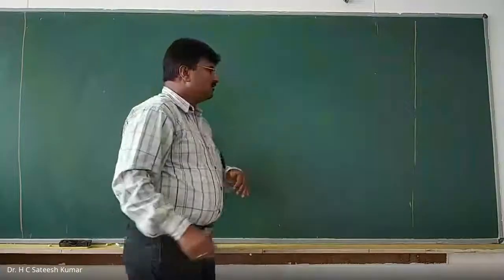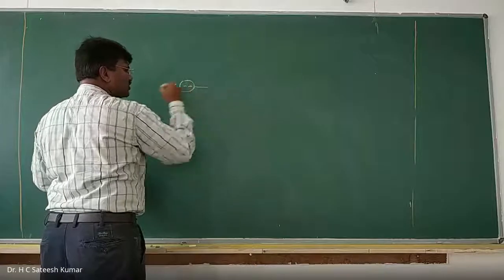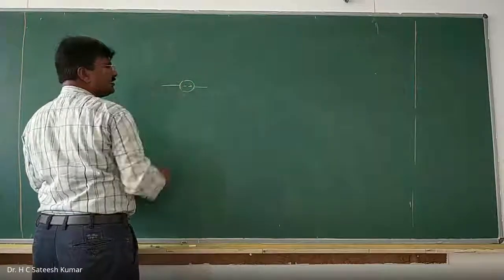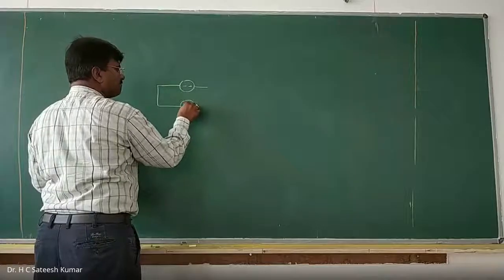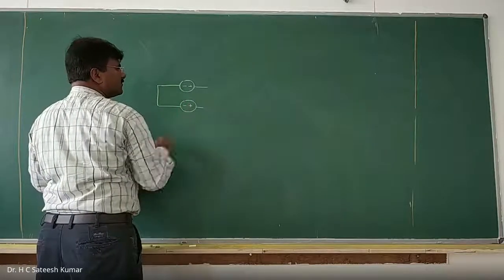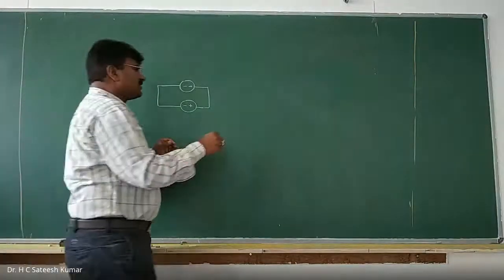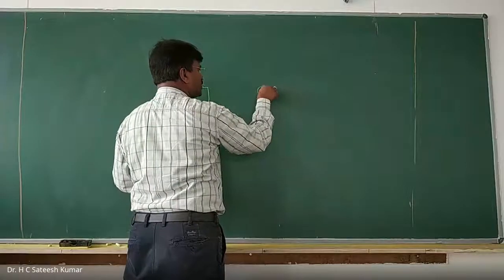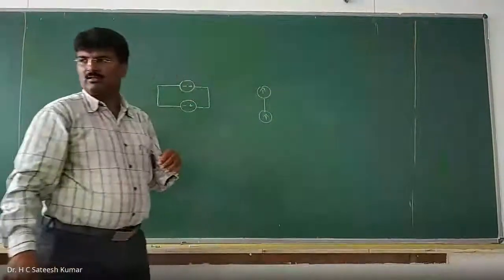As I said, whenever there is a minus plus, there is a source like this, and one more source is connected in parallel. It is not possible to simplify. And one more thing I said, whenever there is a current source in series with a current source, it is not possible to simplify.